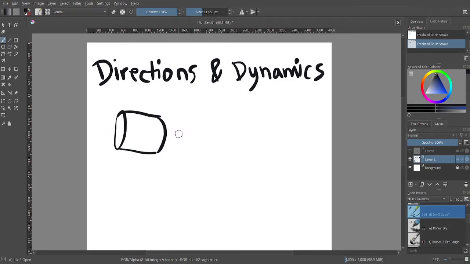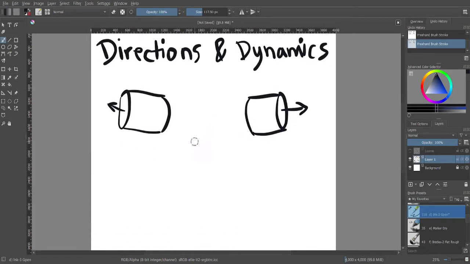For example, the cylinder or tube, it's looking this way, right? And if I draw it again this way, it clearly looks that way, right? So this is what I mean. Directions, these are the directions. And dynamics is when you make an object or a drawing look like it's moving.